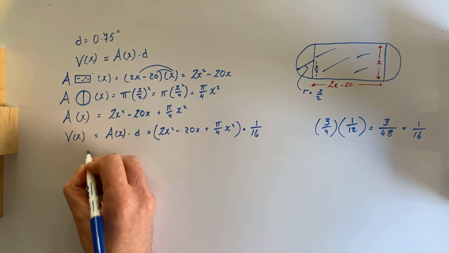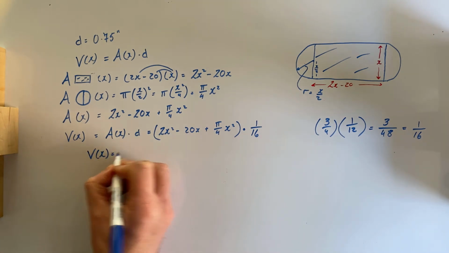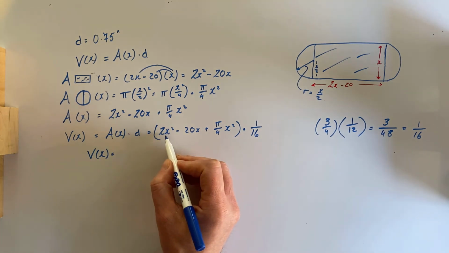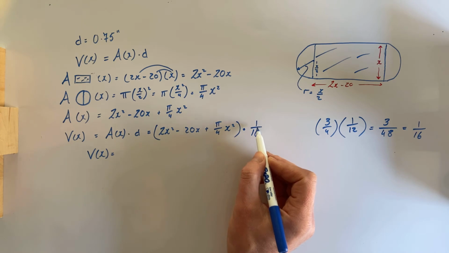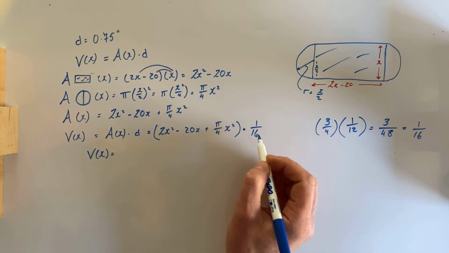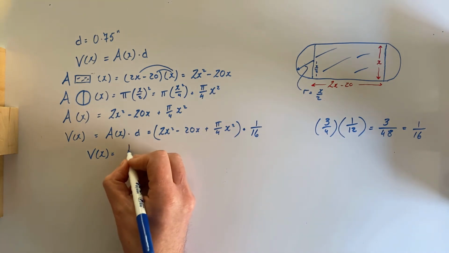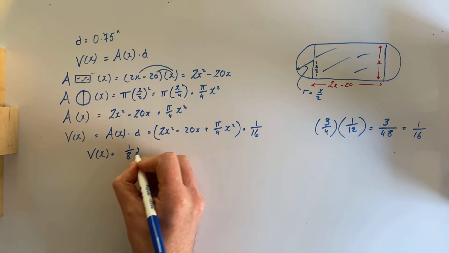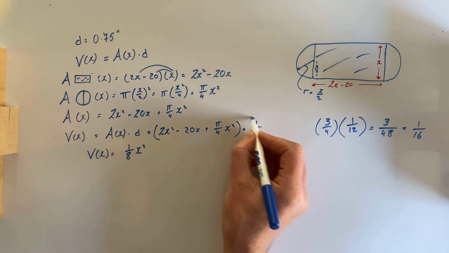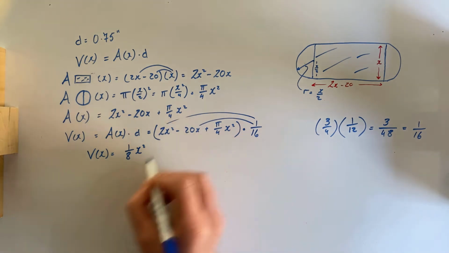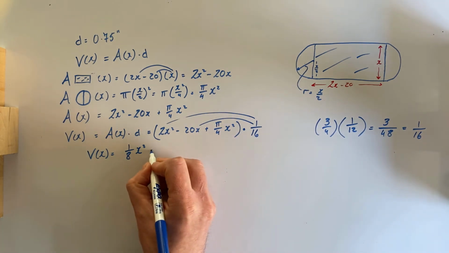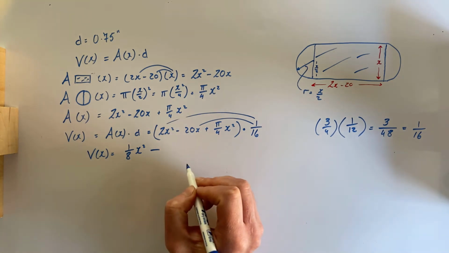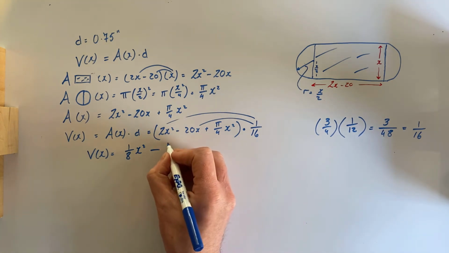So V of x, start here at the first term, 1/16 times 2x squared. Well, 2 times 1/16 is 2/16, which is the same as 1/8. So that is 1/8 x squared. Now I go here to here: 1/16 times minus 20x is minus 20 over 16, which is the same as 5 over 4.